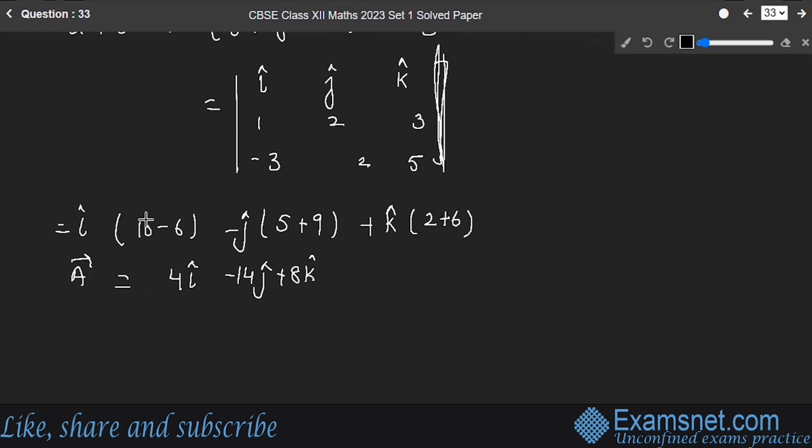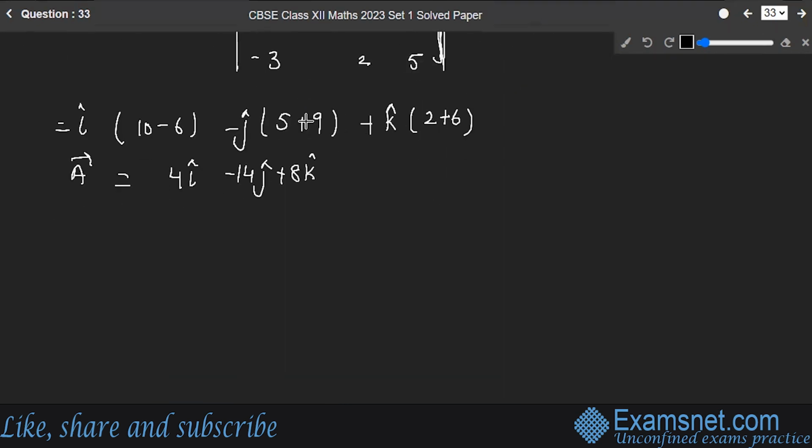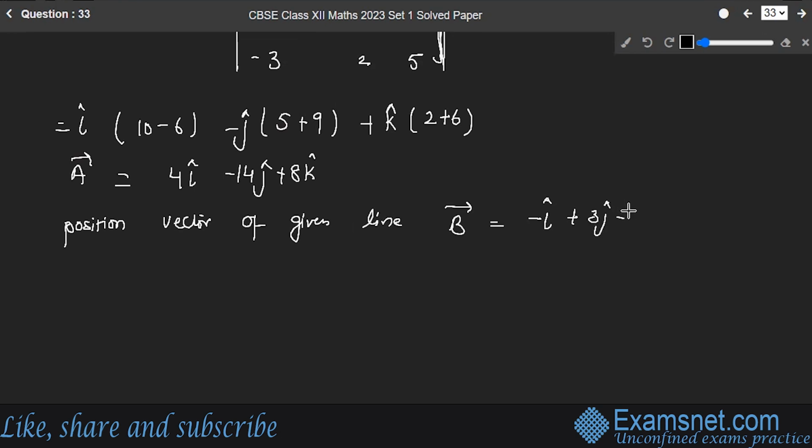Now the position vector of the given line, according to this point minus 1, 3, minus 2, is B equal to minus i plus 3j minus 2k.